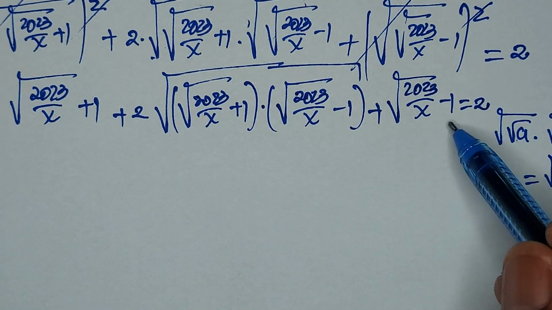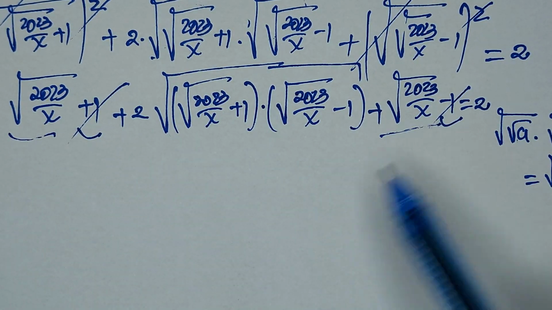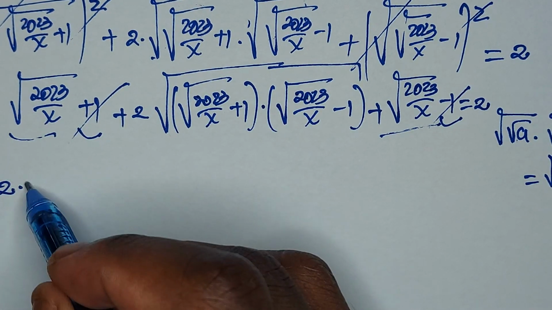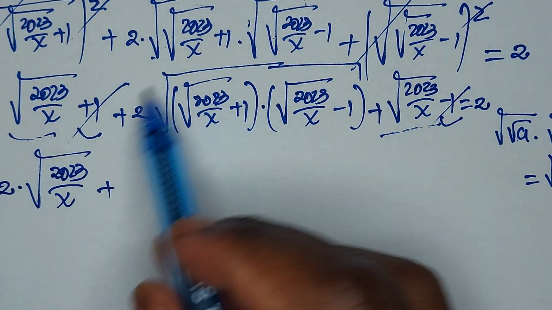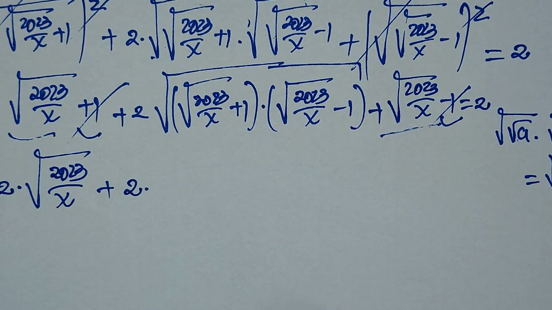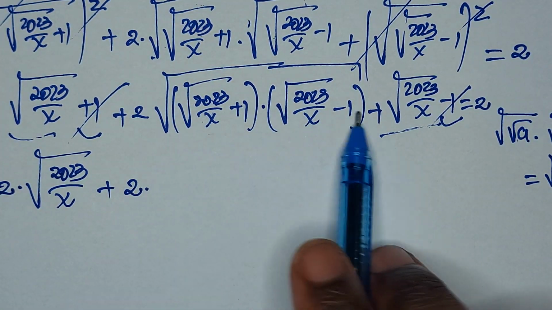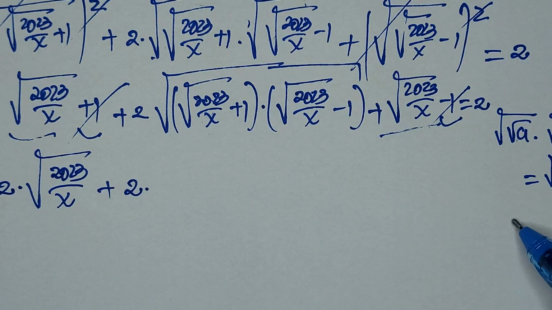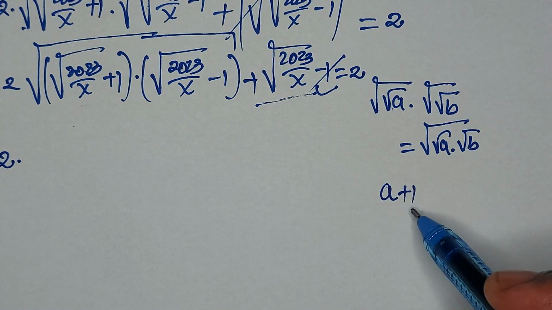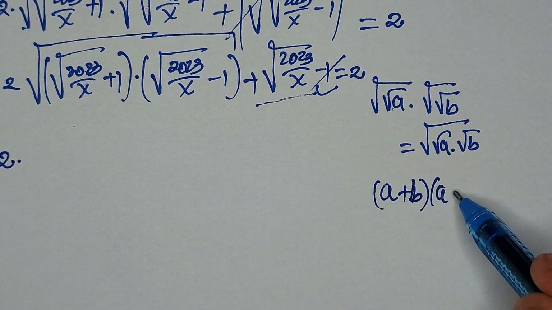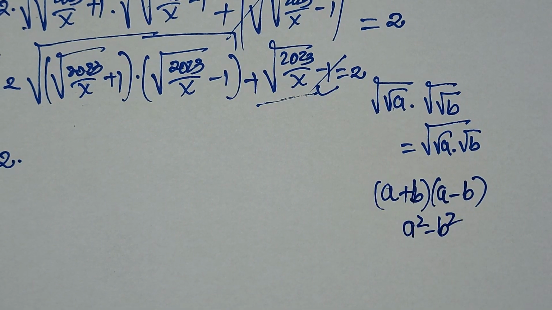So now see that I have minus 1 plus 1, this is 0, and these terms are the same. So we have 2 square root of 23 over x plus this one, I'm going to write 2 times. Now you see that this term is similar to (a plus b) times (a minus b), so this is a squared minus b squared, right?